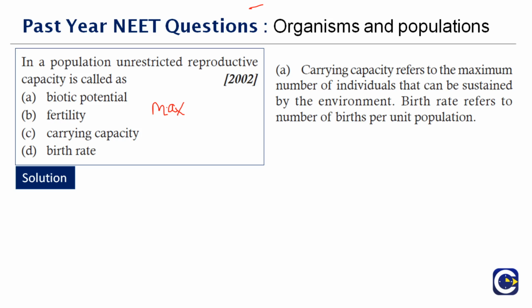While if you take the birth rate, it refers to the number of births per unit population. But it is very important that you understand what is biotic potential. It is the highest possible vital index of the species. So if the species has the highest birth rate, lower will be the mortality rate. Okay, therefore the right answer to this question is option A.